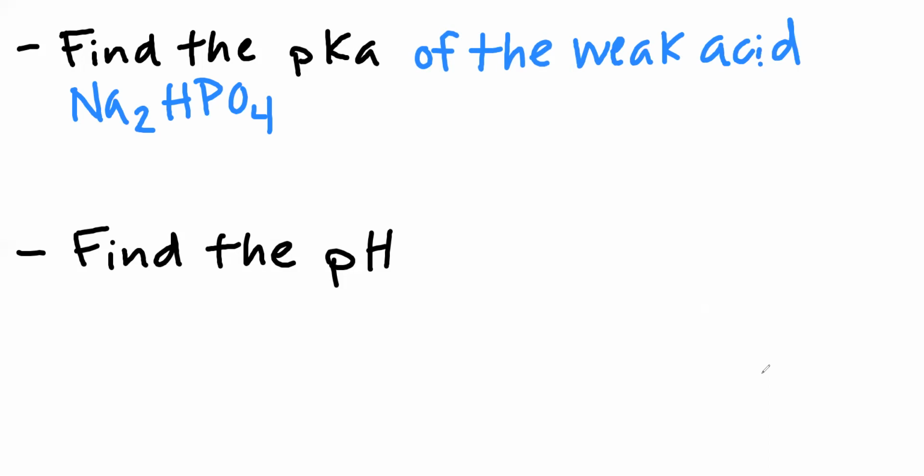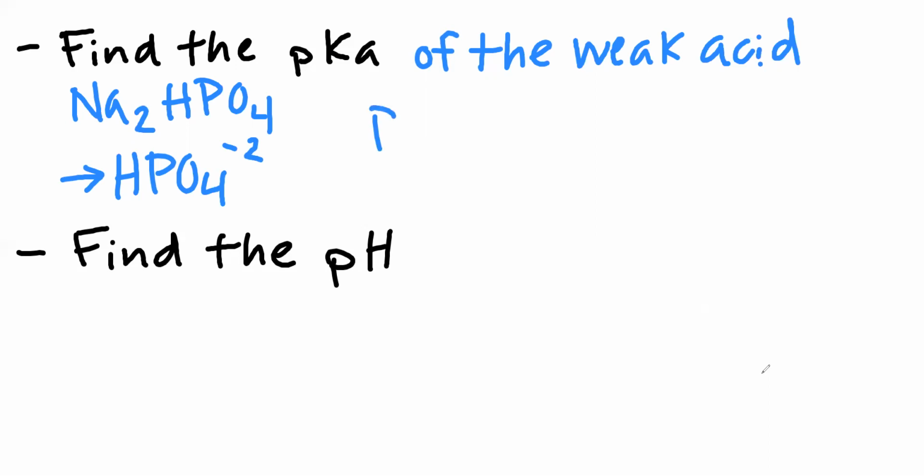When you look at any table like this, you won't see Na2HPO4, but you'll find something that's close. You'll see this, HPO4 minus 2. In our question, we've just completed that by having the sodiums there to neutralize the charge so that we have an even amount of positive and negative charges there.